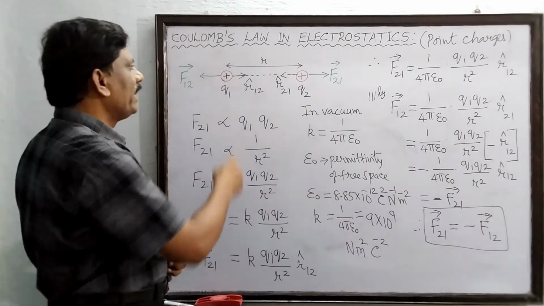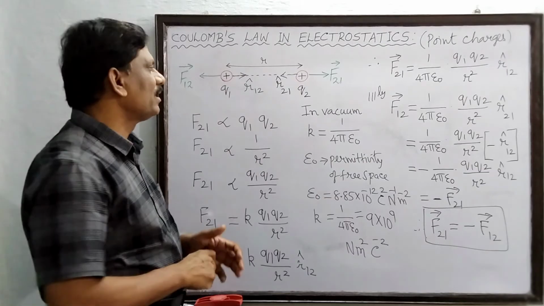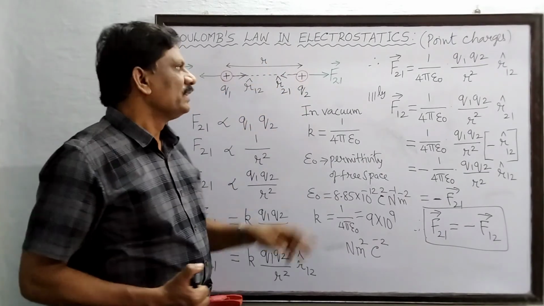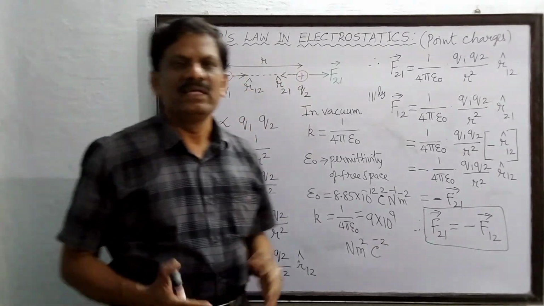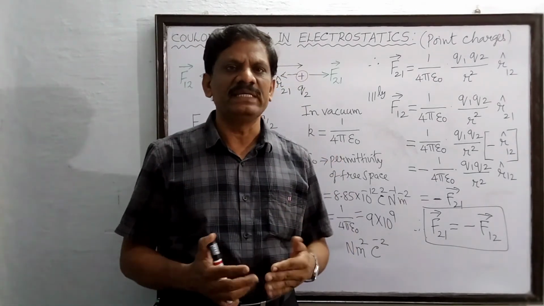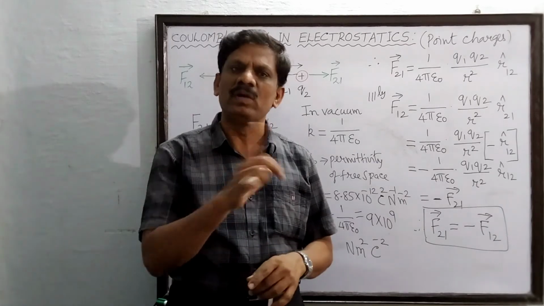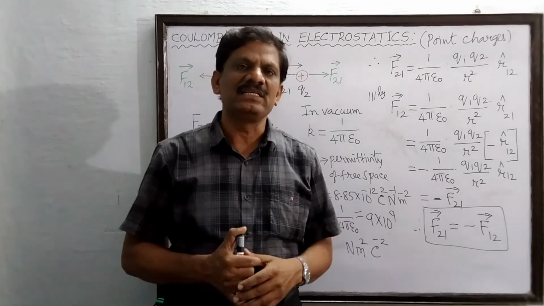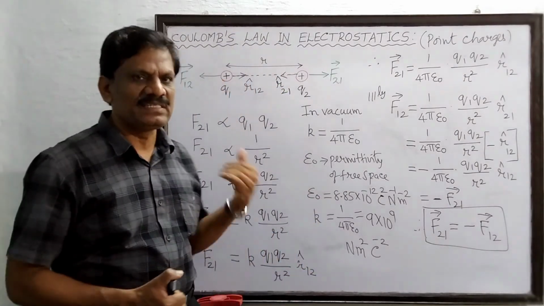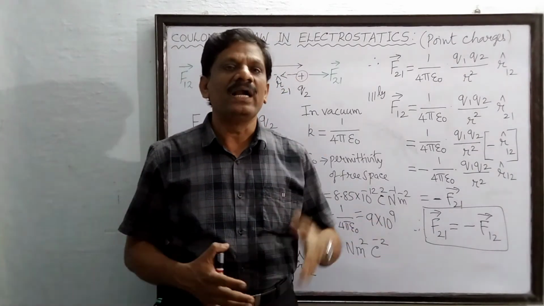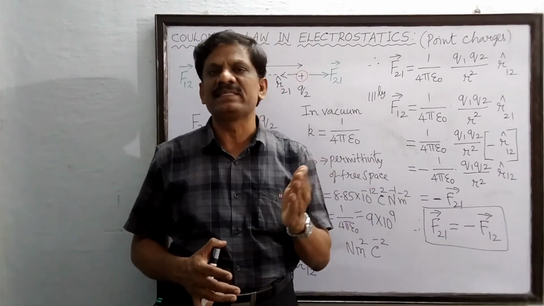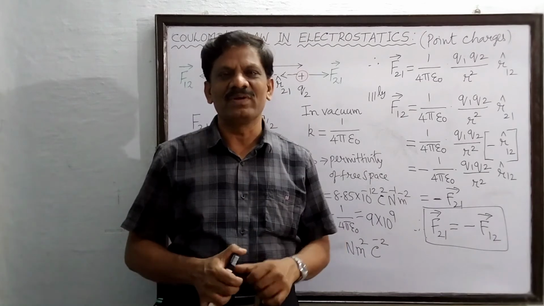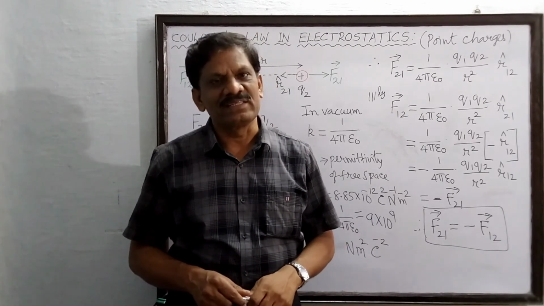So my dear students, you will have to remember that when two charges are kept at a distance r, they experience a mutual force. Irrespective of the values of Q1 and Q2, the force between them will be the same, which means that the force exerted by the first charge on the second charge and the force exerted by the second charge on the first charge are equal in magnitude but opposite in direction.